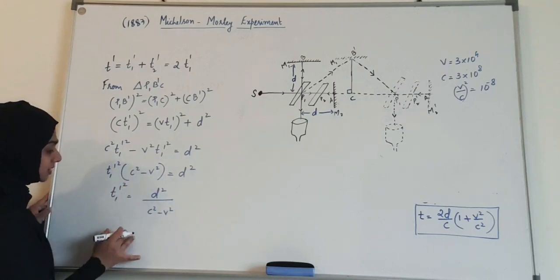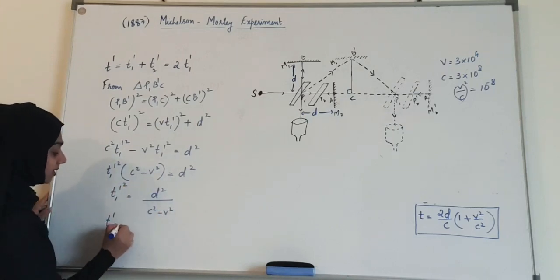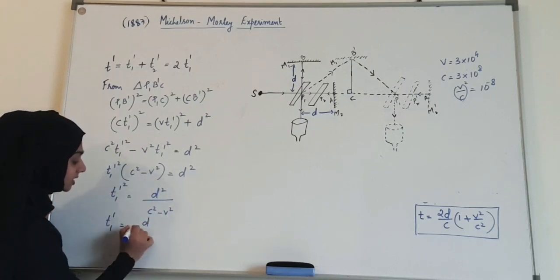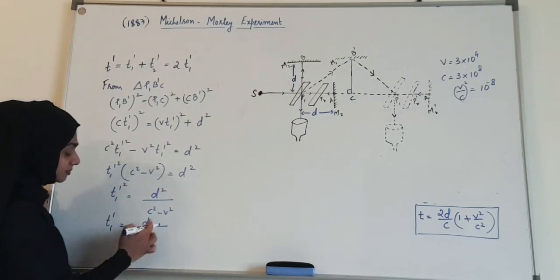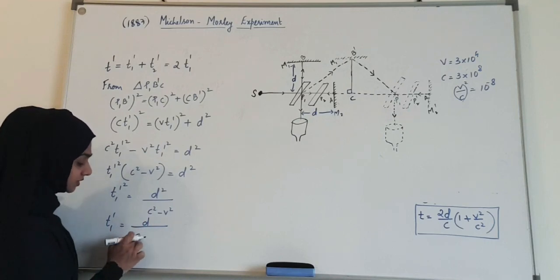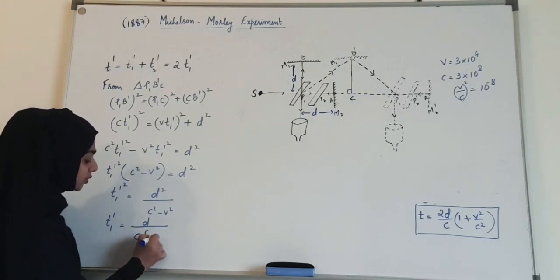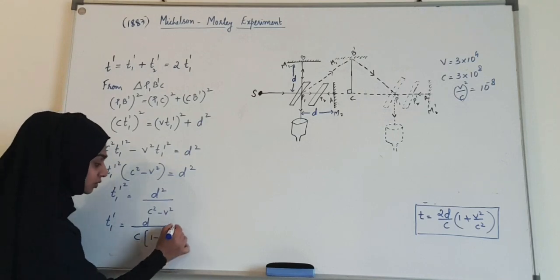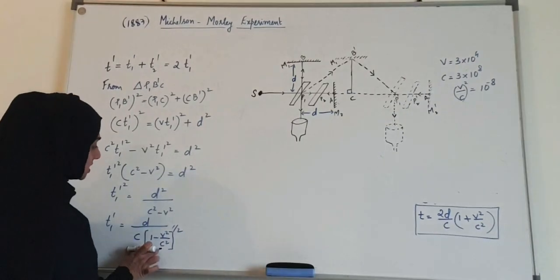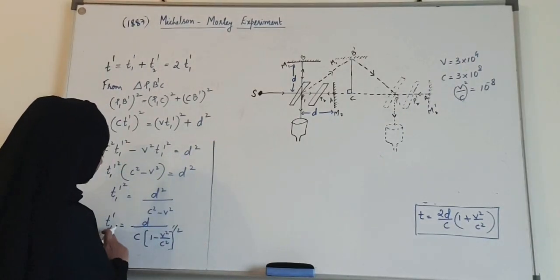There is a square here. Now taking square root, t1 prime is equal to d divided by, let me take c square common outside. So c square, when I take the square root, will become c times 1 minus v square by c square. We are taking square root, so whole raised to half. So this is the expression for t1 prime.